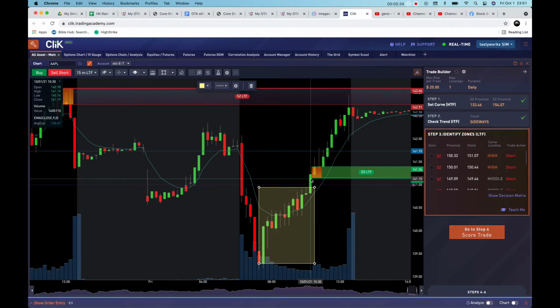So here we have, this would be a leg out candle, as we identified a leg out candle here, and all of these candles are basing. This would be a zone, and this would be another zone. Okay?